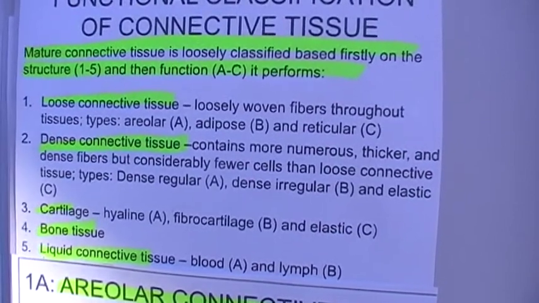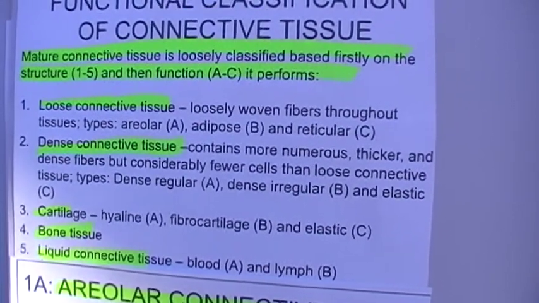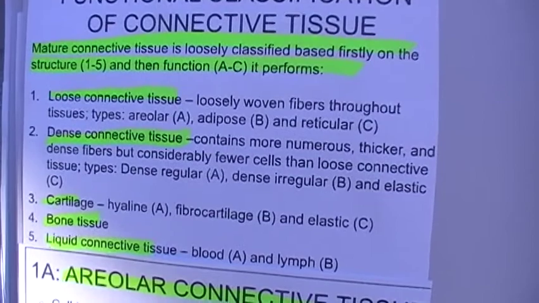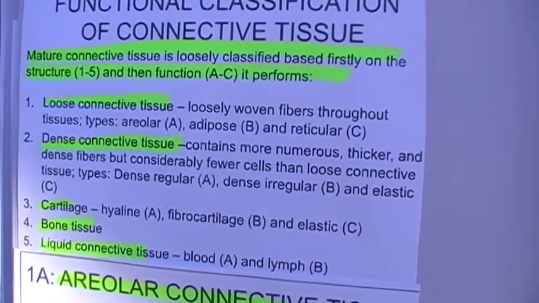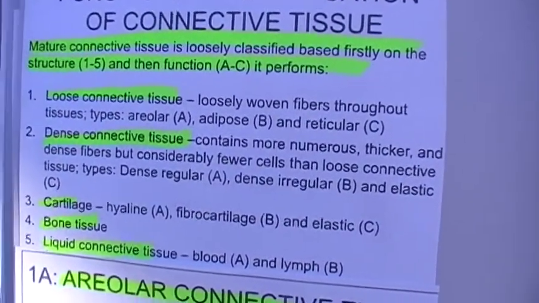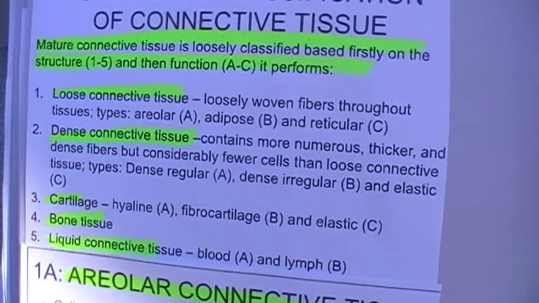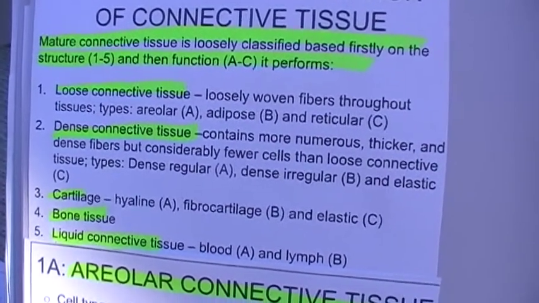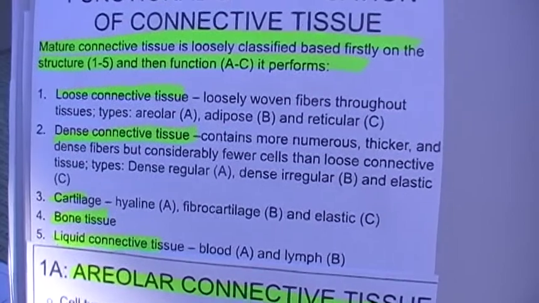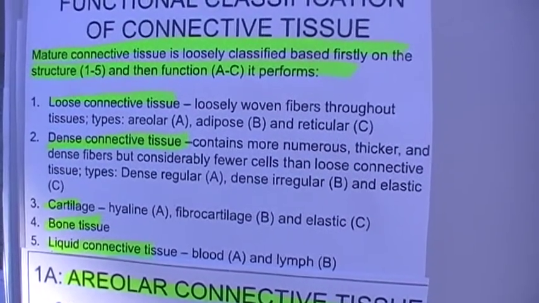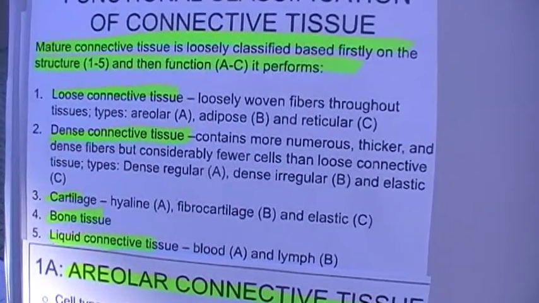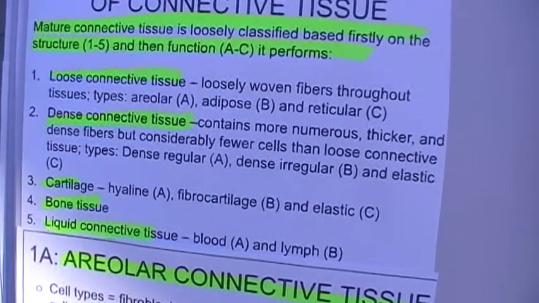The cartilage is hyaline, fibrocartilage, and elastic. The bone, it's just by itself bone tissue. Number 5, liquid connective tissue. That's easy to remember. What are the two types? Let's go to the hard parts.